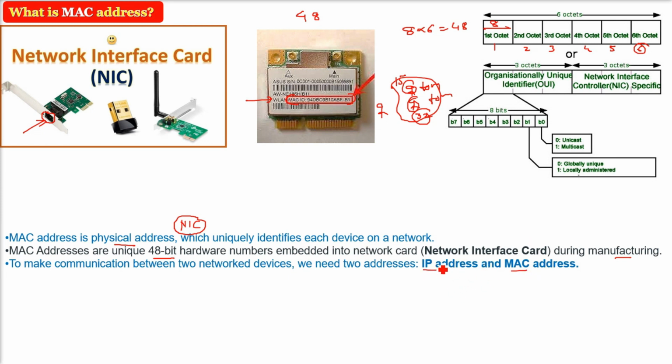So there are 2 things, as I said, that go hand in hand: IP address and MAC address. Both are needed to uniquely identify a system on a network or the internet. Assume this is your house. Now you have taken some service from some company, say a router from an internet service provider. So the router will be provided an IP. You can also fix it, but most of the time the ISP fixes it already.